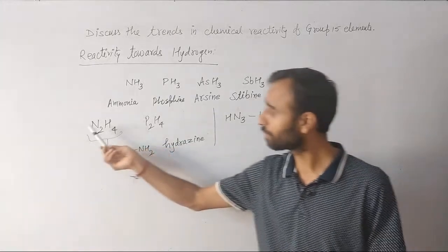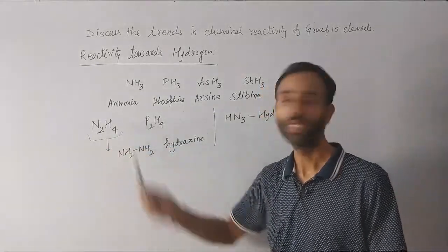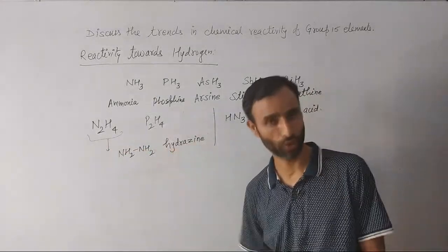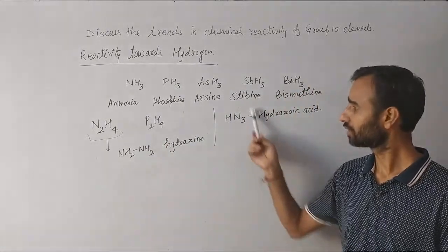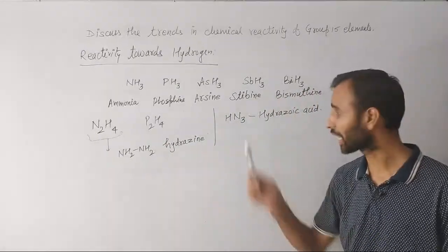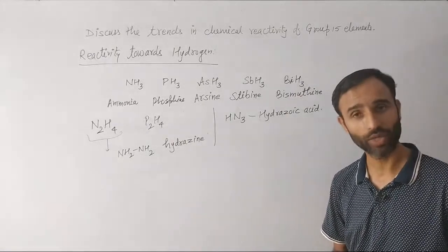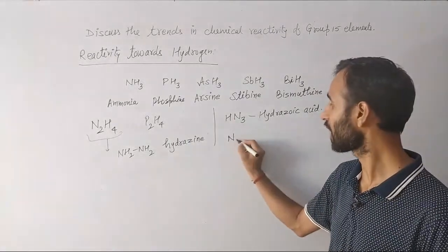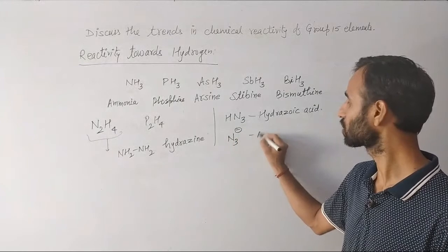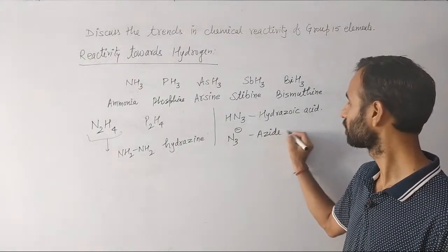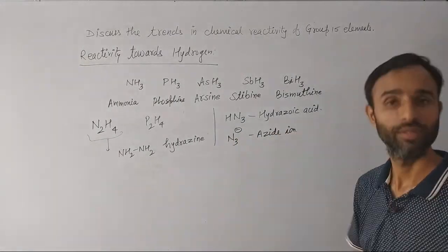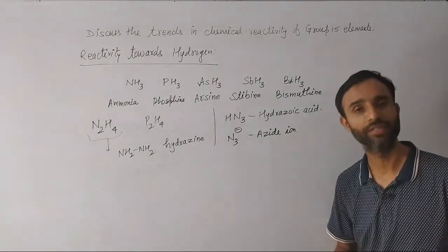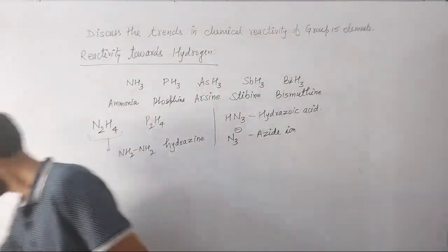At the same time, nitrogen and phosphorus can form N2H4 and P2H4, and nitrogen can also form this hydride, which is called hydrazoic acid, and its anion N3 negative, that is called azide ion.